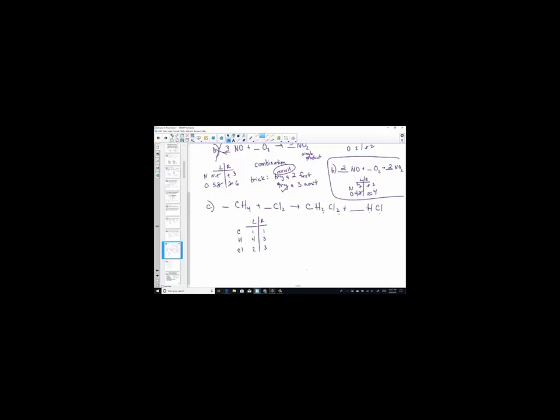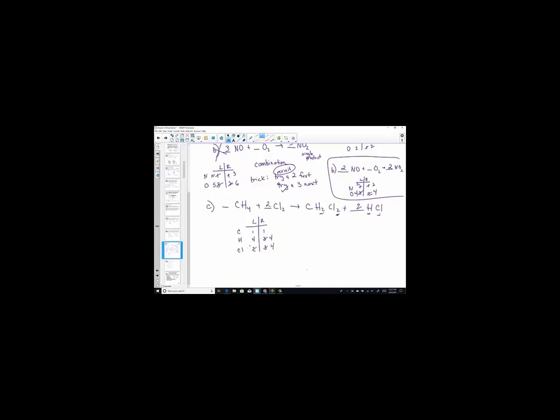Well, carbons look okay, don't they? So what do we want to do here? How about, shall we try to repair the H's by placing a 2 here and see what happens? I have 2 H's plus 2 more from here. That's 4. I like that. And we have 2 Cl's and 2 more. So that's good. And look what we could do.